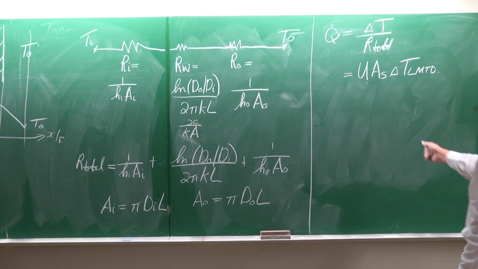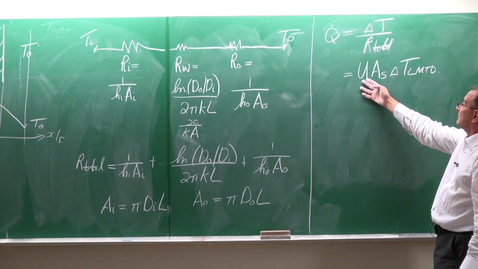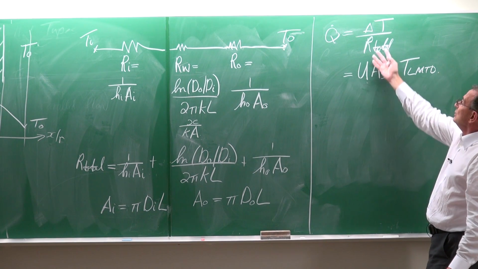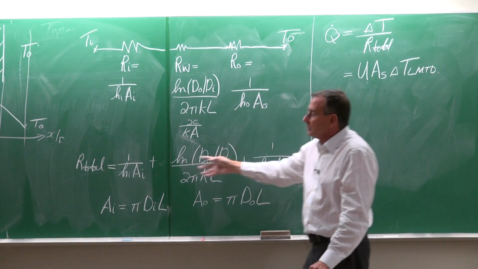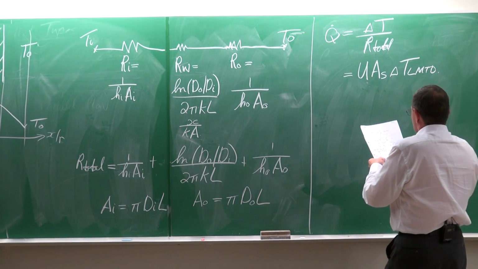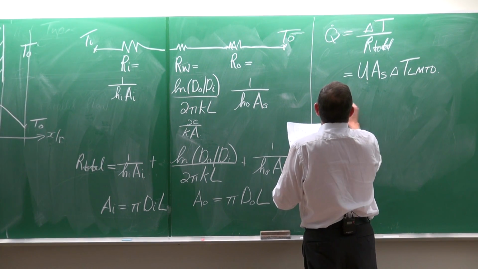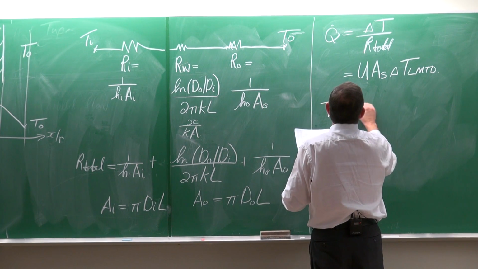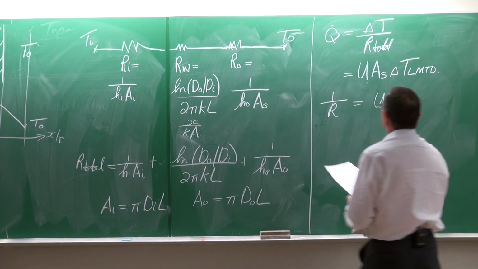Okay, now what is this overall heat transfer coefficient? If you look at this R total and play around with it, then you will see that 1 divided by the resistance is equal to U multiplied by the area.